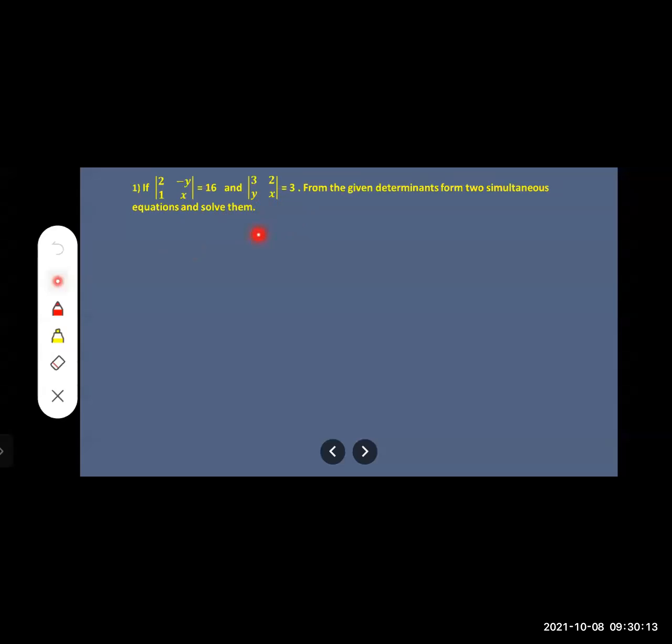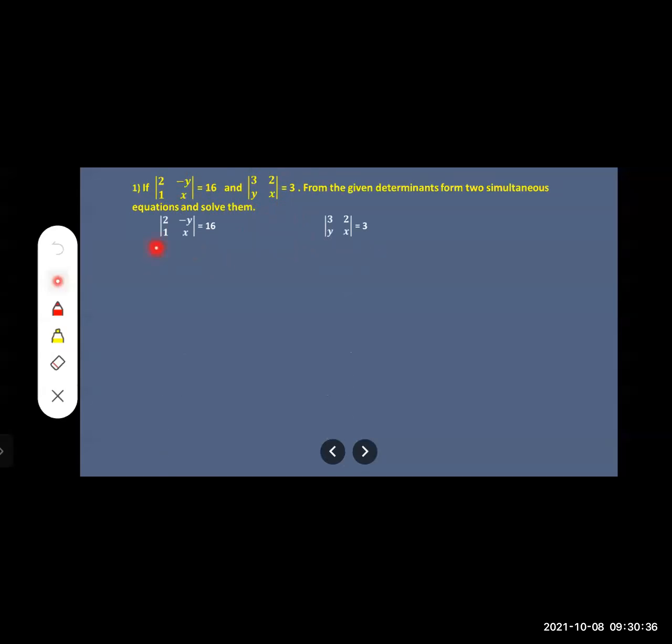The simultaneous equations are not given directly. They are given like this, two clues. By using this, we have to frame the equations and then we have to solve those two equations. Solve, what do you mean by solve? To find the values of x and y. Is it clear, children?